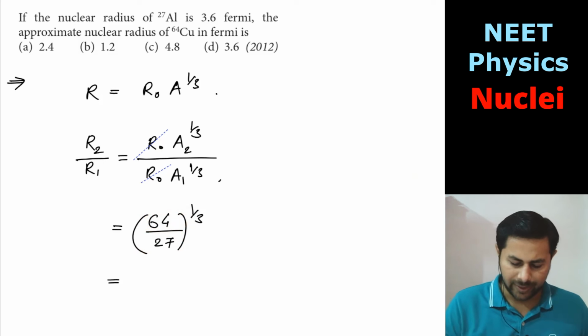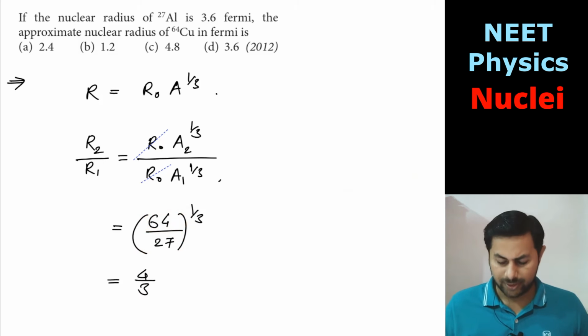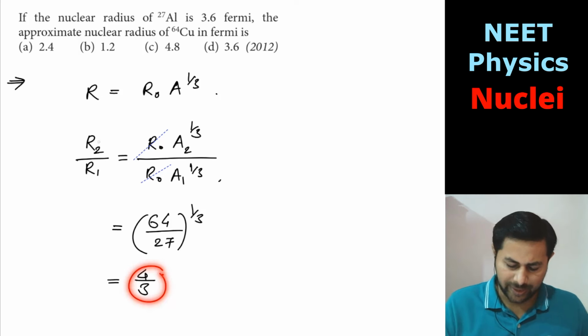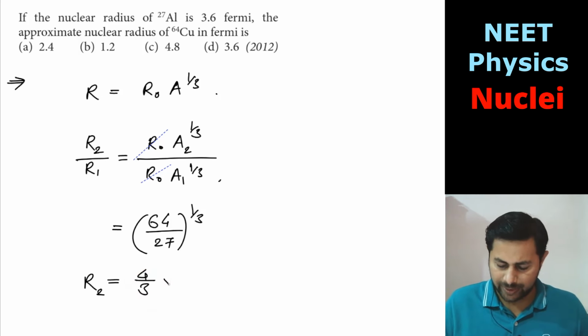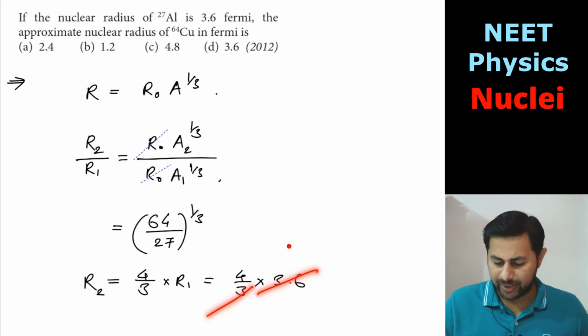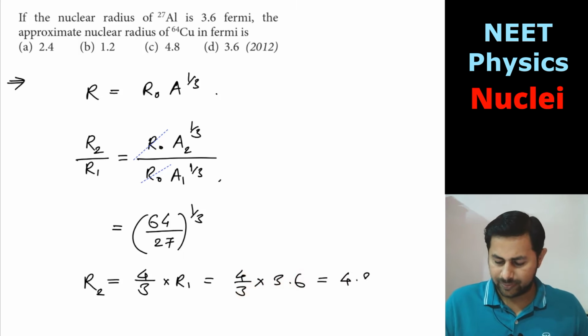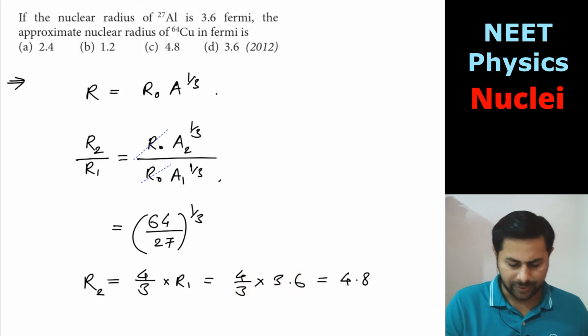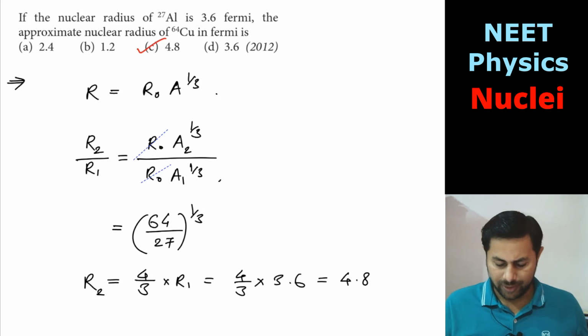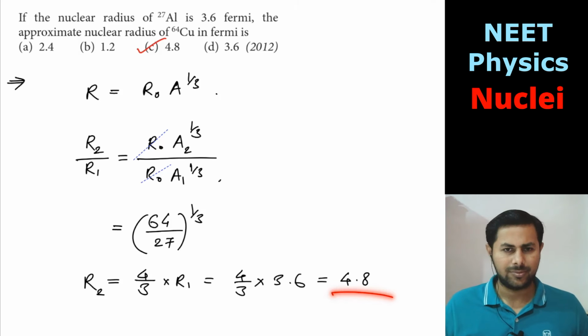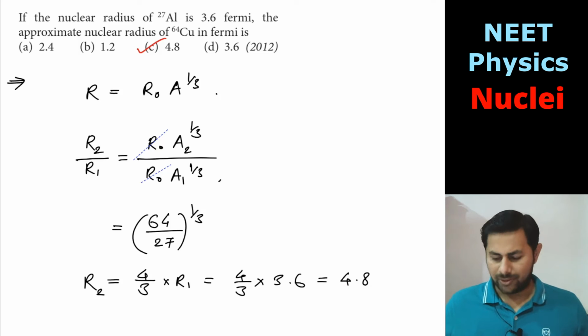So this is 4 by 3, and therefore R2 is equal to 4 by 3 times R1, that is 4 by 3 multiplied by 3.6. 3.6 divided by 3 gives 1.2, and 1.2 multiplied by 4 gives 4.8. So 4.8 would be the answer, option C. Did you say option C, Nikita? Okay, good.